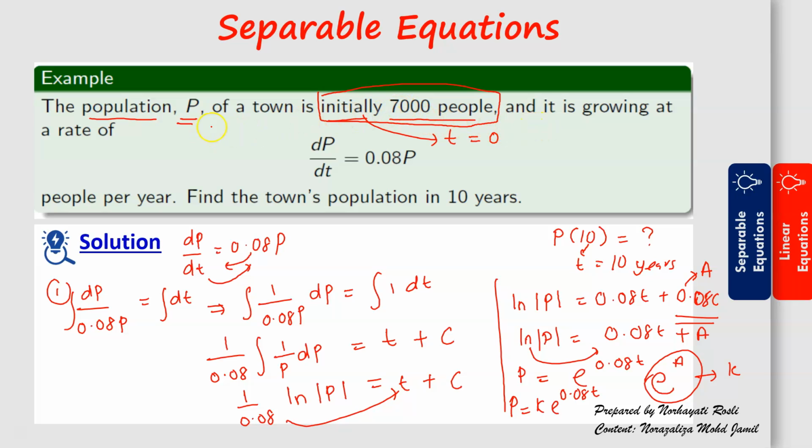So the population of the people initially is 7,000. I can transform this into mathematical terms: the population at time 0 is equal to 7,000. You can use this information to get the particular solution of this problem.